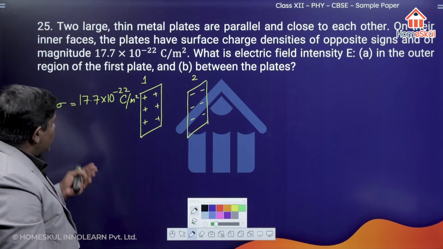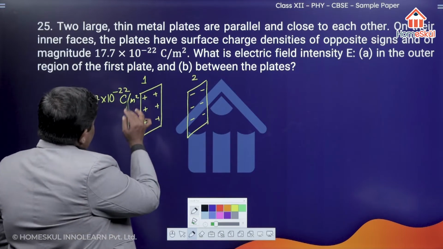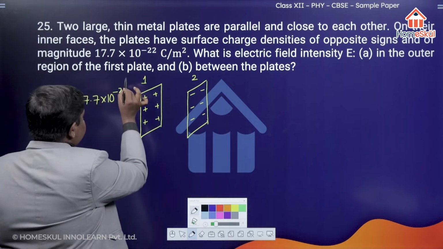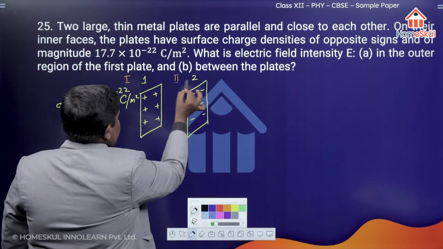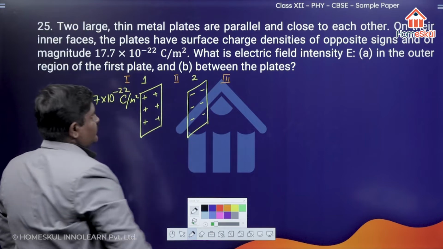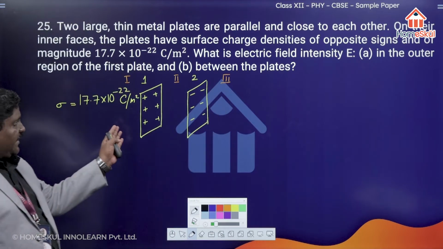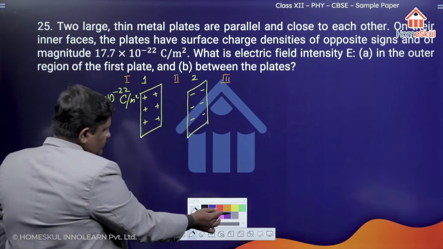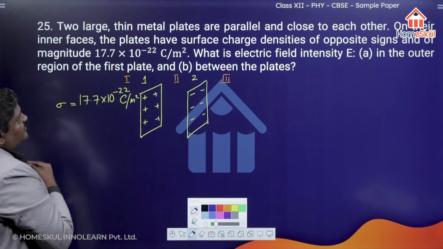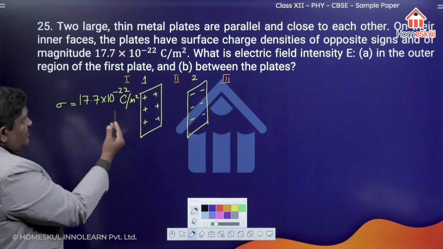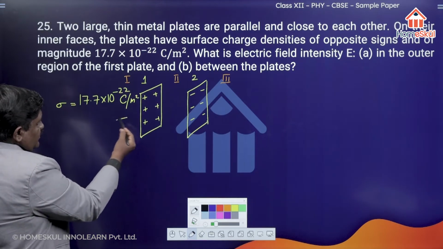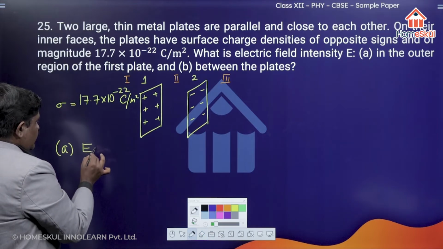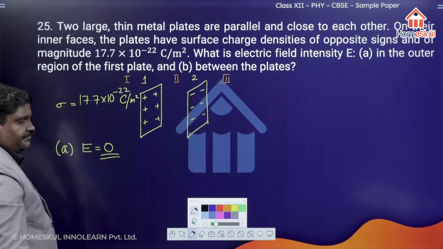There we consider three regions, region 1, region 2 and region 3. If the plates have different types of charges, then outside the plates, that is the outer region of the first plate, the electric field will be 0, E equal to 0.